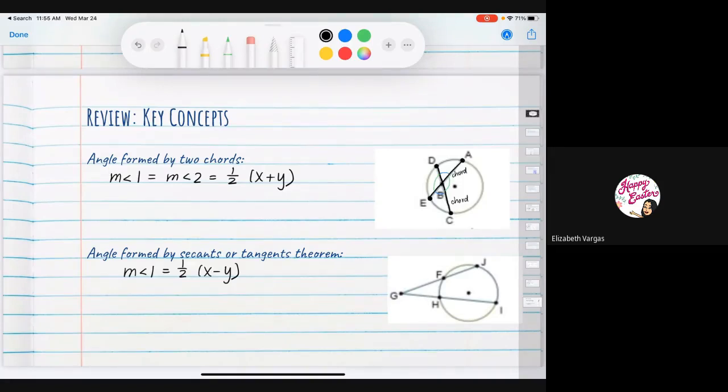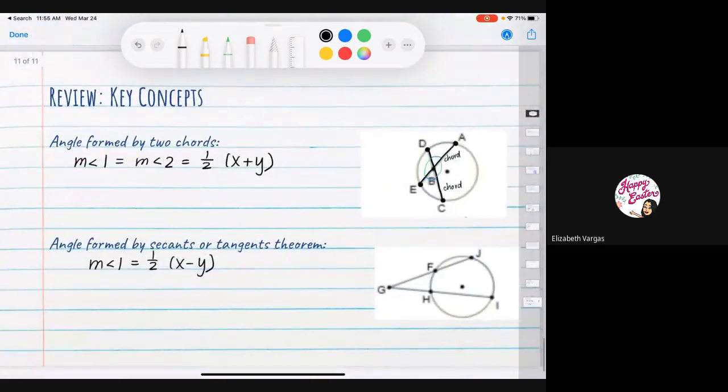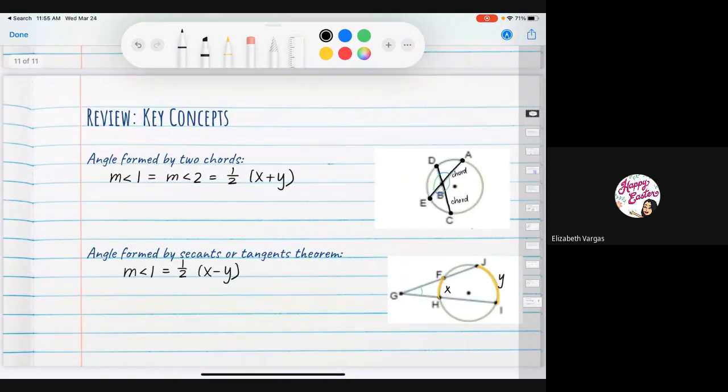So, for example, if I'm given this angle measure right here, I could use the two intercepted arcs, this one and this one, label them X and Y, and I'd be able to solve for my missing angle measure. Or if I know one of my angles and one of my arcs, I could plug those in to find my missing arc. But like always, we'll go over some practice problems tomorrow.